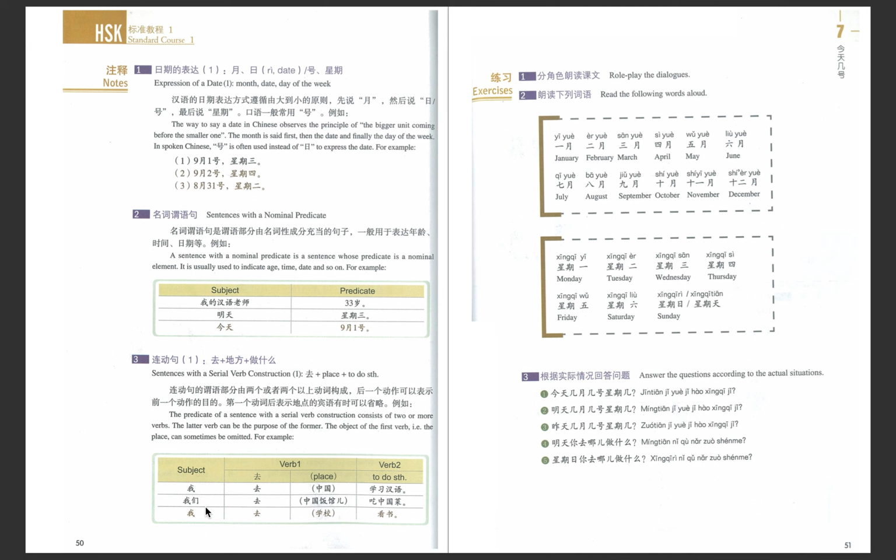Next, 我们去中国饭馆吃中国菜。我们, 我 I in plural, so we. 去 to go, so we go to where? 中国饭馆. 中国 China, Chinese, 饭馆 restaurant.